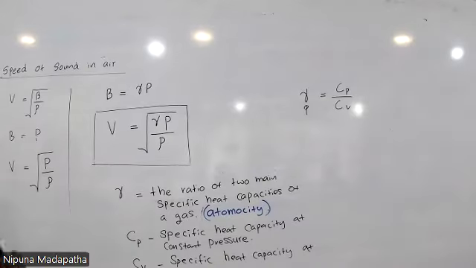So this gamma depends on the number of atoms in a gas molecule. If it is a diatomic molecule, gamma has a certain value. If it is a monatomic one, it has a different value.